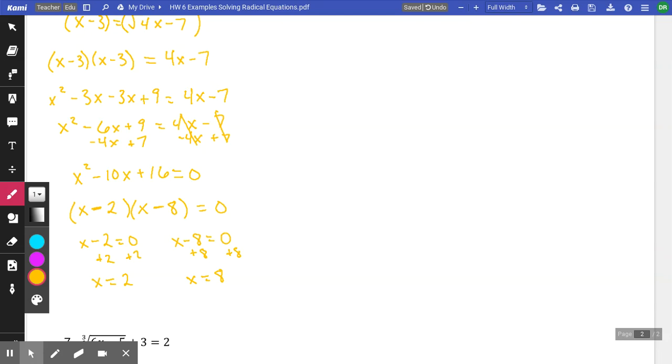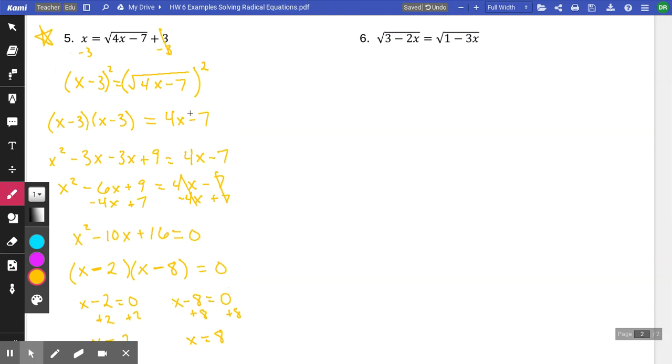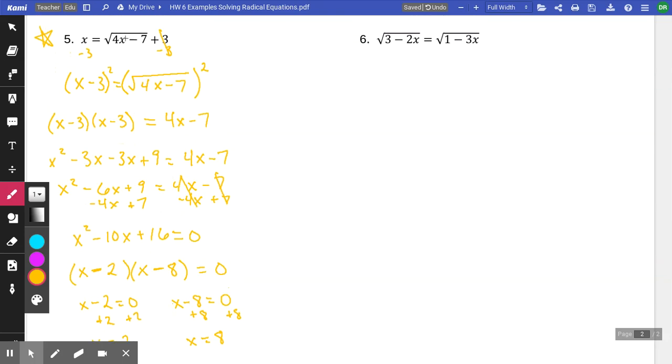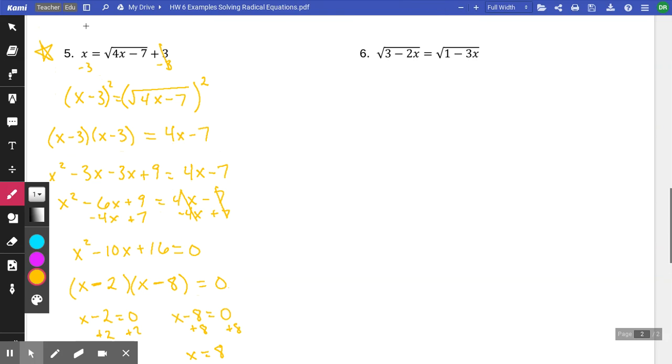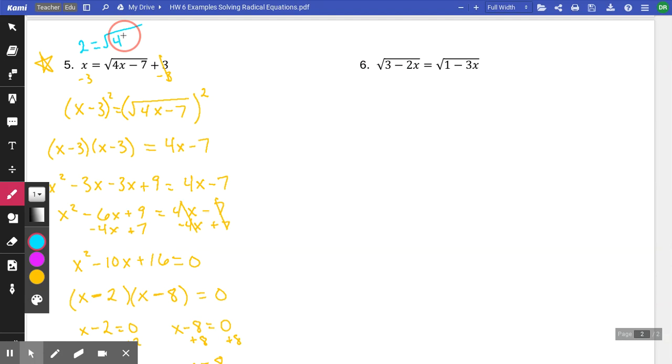So if we go back to our original equation, if we check the 2, we'd substitute 2 in for each of our x's. And what happens when we do that? We would end up getting a 2 here in the beginning. And on the right side, we'd get the square root of 4 times 2 minus 7, plus 3.